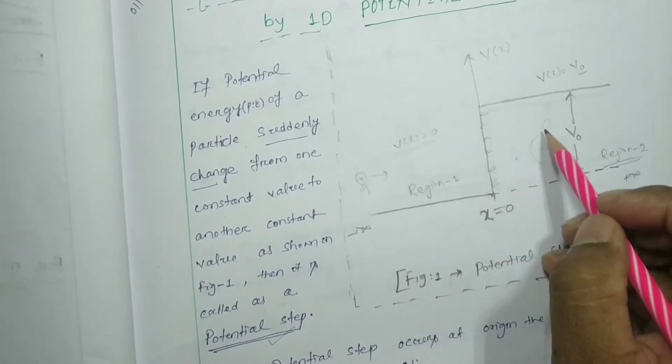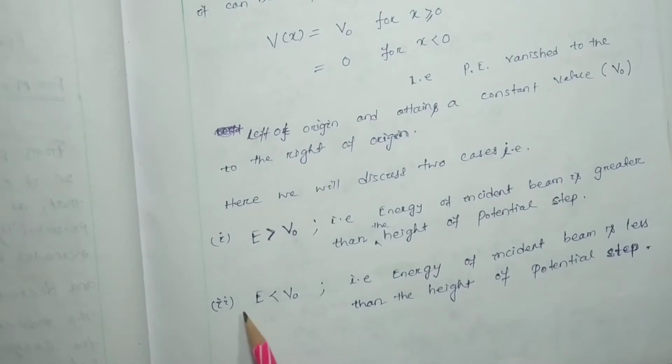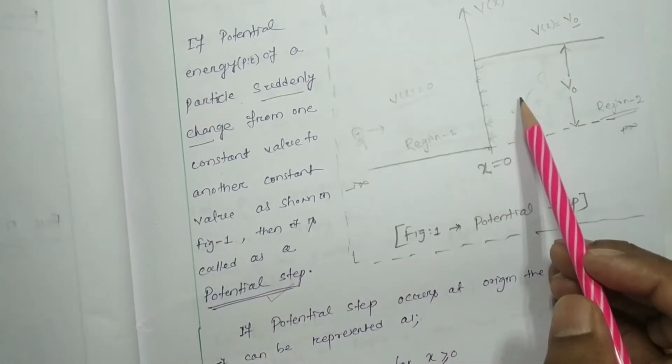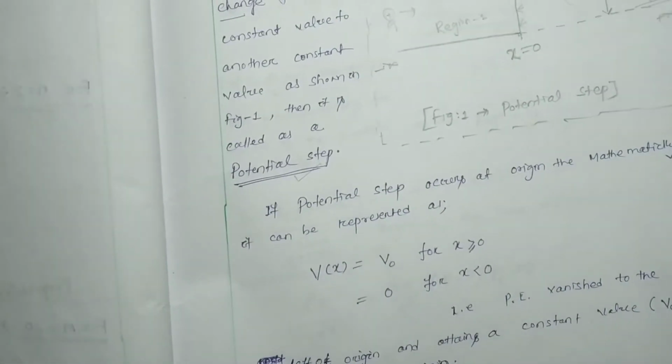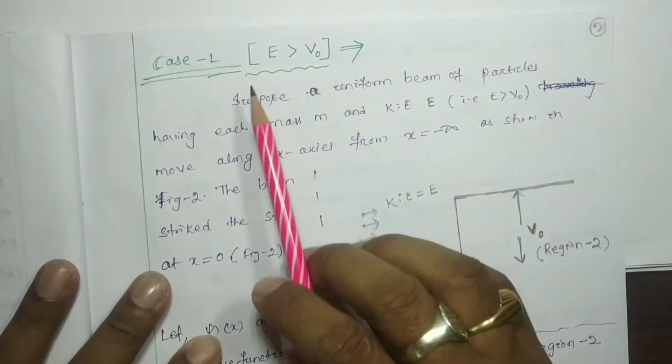In the other case, the kinetic energy is less than V0. So two cases we are going to discuss step by step. First case, E greater than V0.